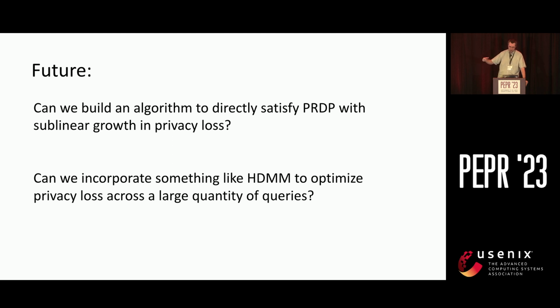So even with this new methodology, your privacy loss can start adding up very quickly when you're releasing multiple sequentially composing queries. And so we'd like to look into methods to improve or mitigate that as well.